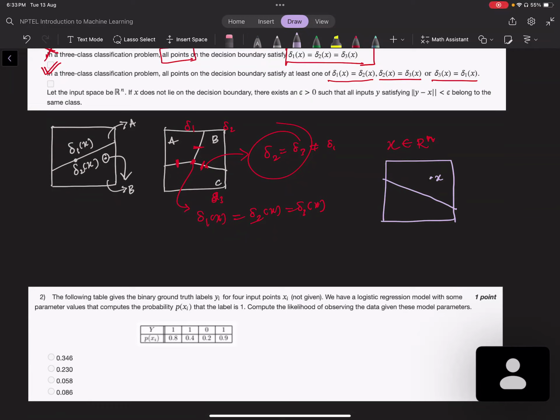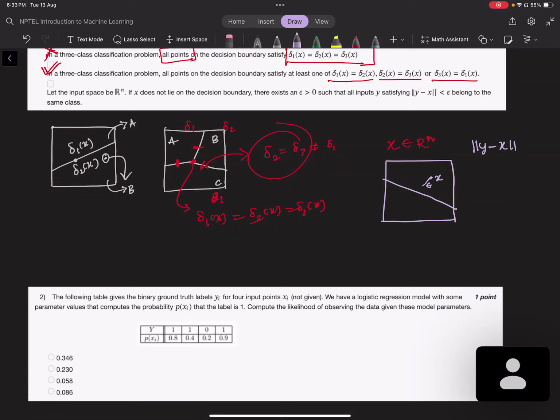So what it is saying is that you take an epsilon value, and this norm of y minus x is equivalent to saying in the epsilon neighborhood around x.